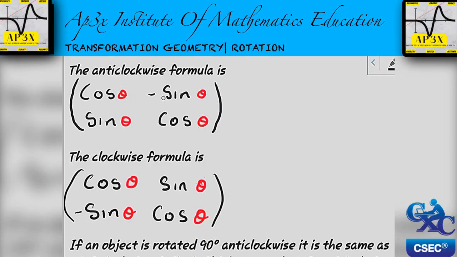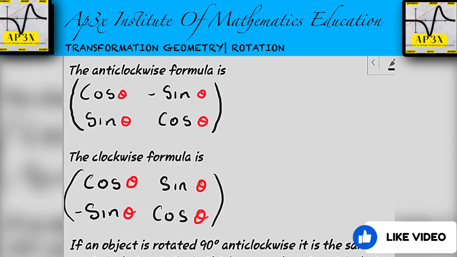But if you compare the two that you're seeing here on screen, you will find that there is just a subtle difference between the two formulas, nothing drastic. If it's anti-clockwise or counterclockwise, you'll find that the top sine theta here is negative. But in the clockwise formula, all I've done is switch the signs.